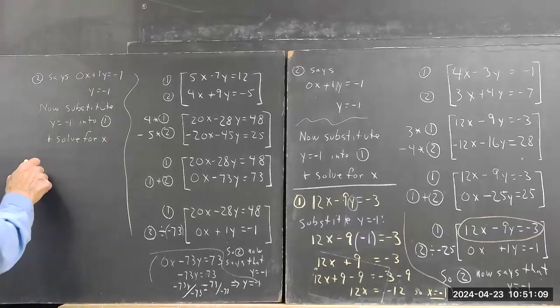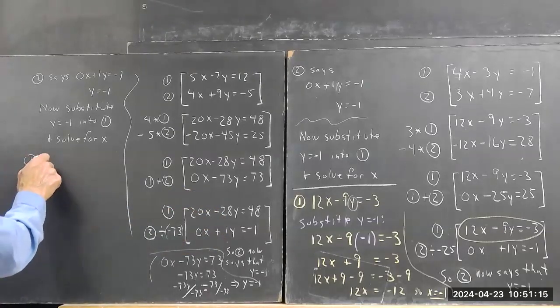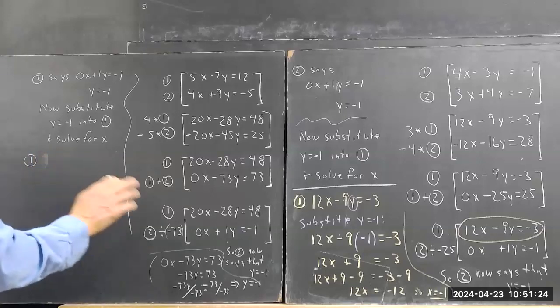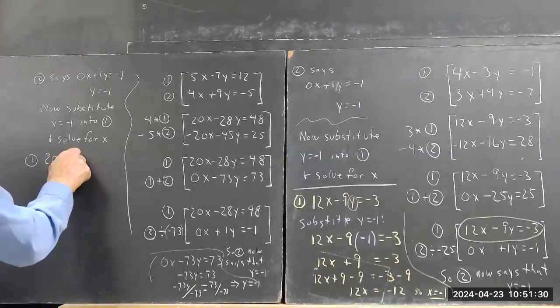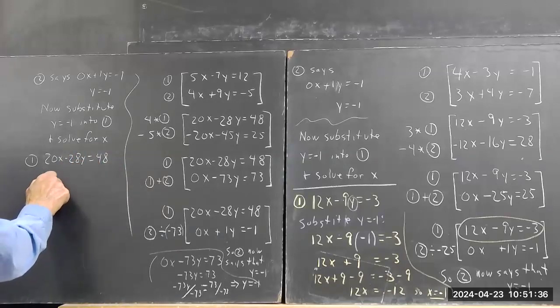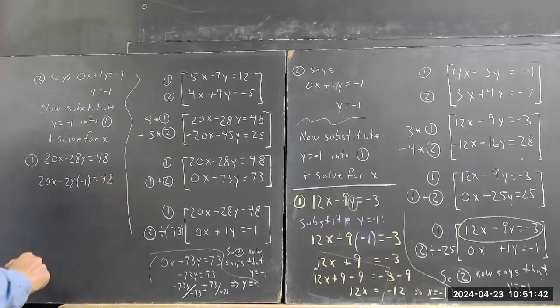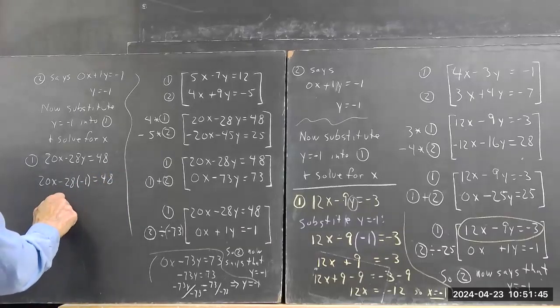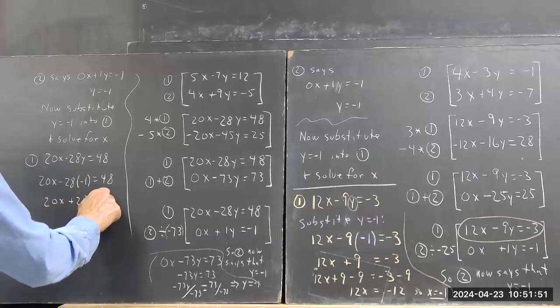Okay, so, and I'm not going to use all the colors. Equation 1 right now is referring to the most recent equation, which is 20x minus 28y equals 48. So we get 20x minus 28 times negative 1 equals 48. This gives us 20x plus 28 equals 48.